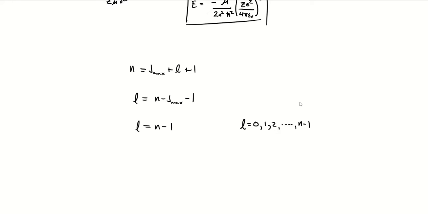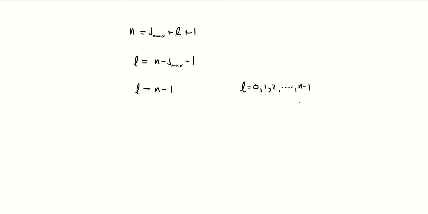So the quantum numbers that we've come about here are the principal quantum number, which is just 1, 2, 3, and so on. And this indicates the energy level we're in. Our L quantum number can go from 0, 1, 2, all the way up to whatever our n value is, minus 1.